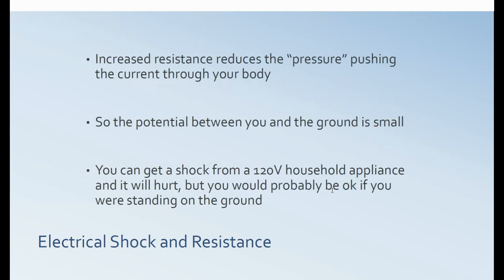The increased resistance reduces the pressure pushing the current through your body, so the potential between you and the ground is going to be quite small. Say you had a 120-volt household appliance that somehow malfunctioned and you touched it and got shocked. It would hurt and you would feel the shock, but you'd probably be okay if you were just standing on the floor or whatever.